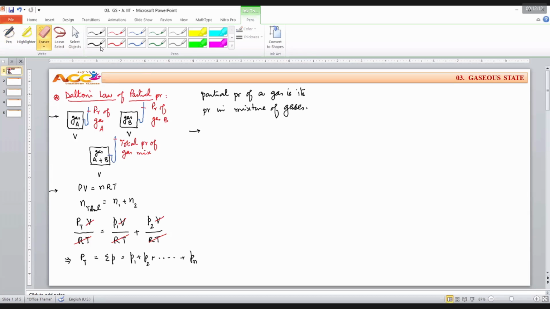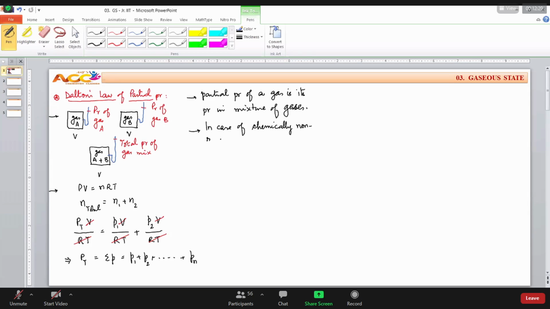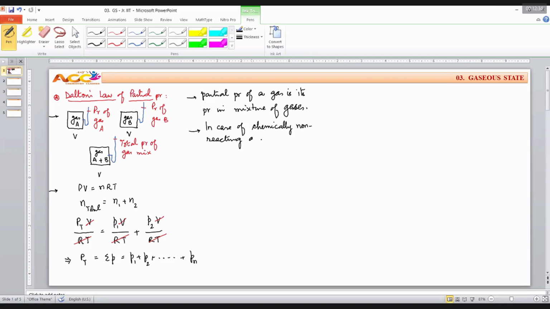What Dalton's law says, listen carefully. In case of chemically non-reacting gases, compulsory word is chemically non-reacting gases, because once they chemically react, this equation is wrong. N1 plus N2 is not correct.